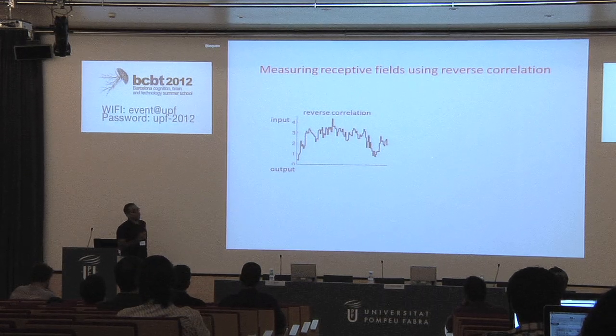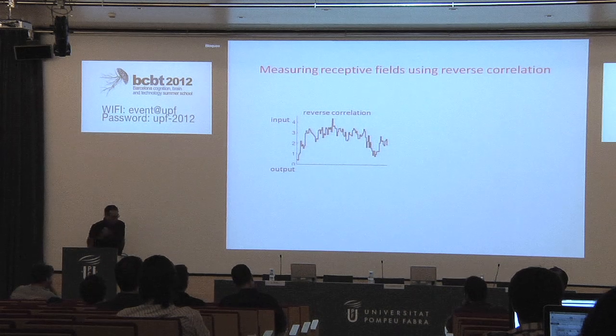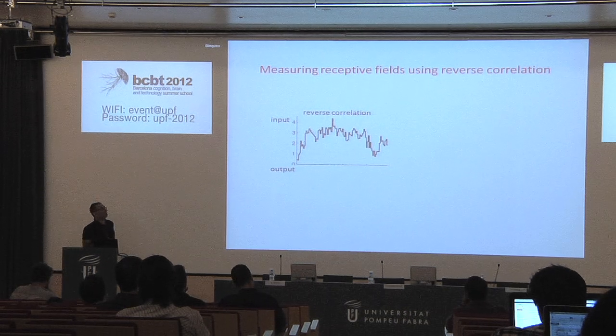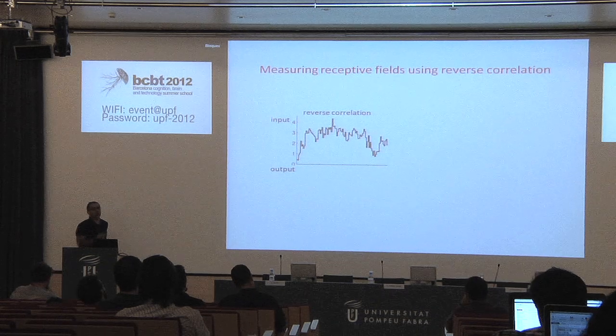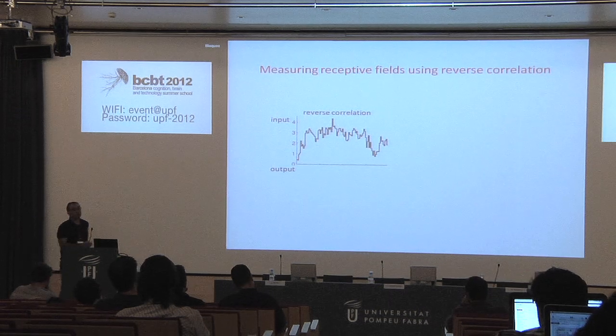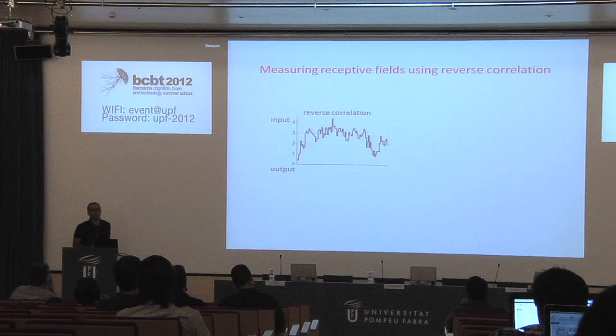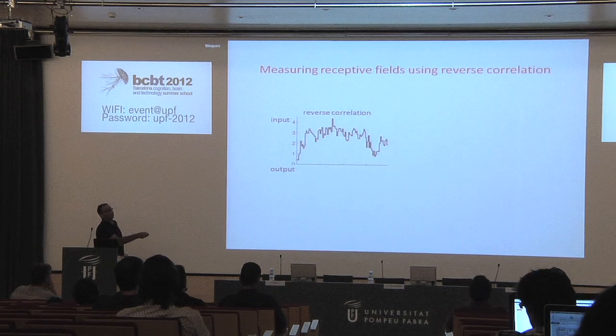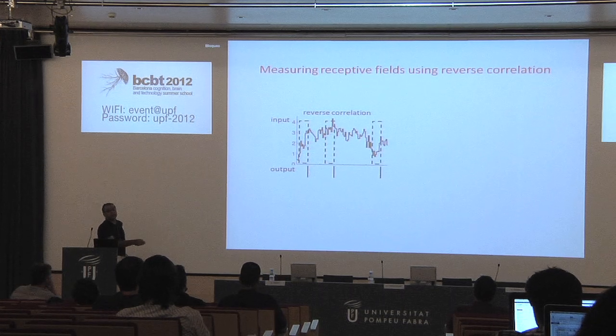In the vertebrate system, it's difficult to probe the response by just presenting a flash of light. And so people usually use another way, which is called reverse correlation. Just to make sure we're on the same page, here's how it works. You present a time series of intensity, for example, and you record spikes in response of a neuron in the LGN.